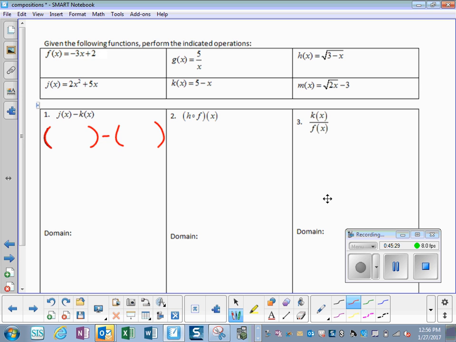The first parenthesis will get j of x, which is 2x squared plus 5x, minus, and put parentheses around each expression just to make sure you're distributing your negative correctly. So my k of x is 5 minus x.